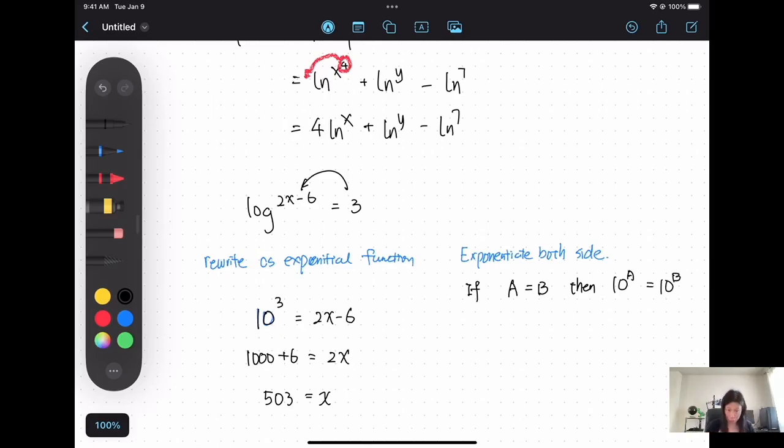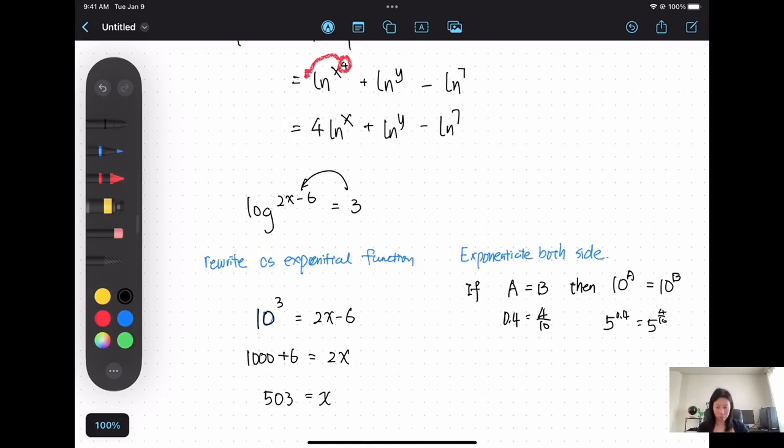Because a is equal to b. For example, if a is equal to 0.4 and b is equal to 4 over 10, they're equal, right? So if I raise them to the same base, 5 to the 0.4 power should equal 5 to the 4 over 10th power.